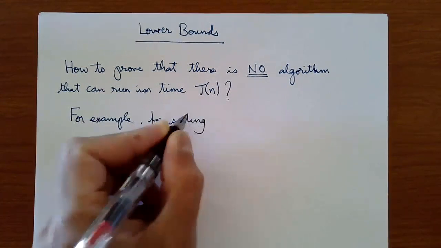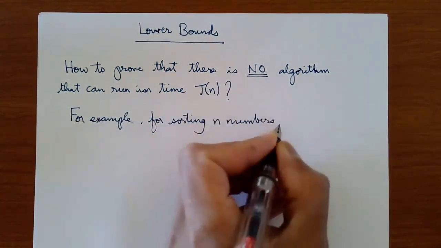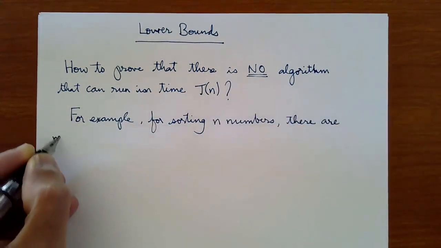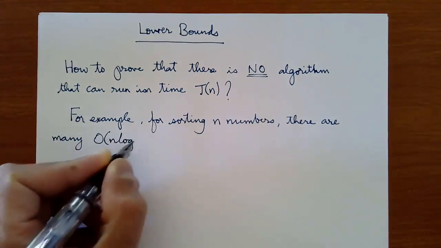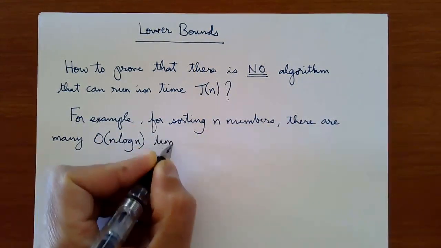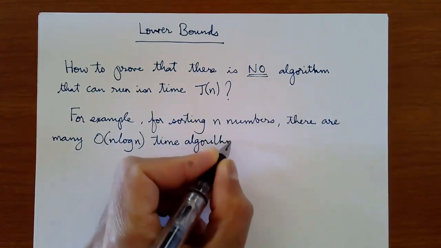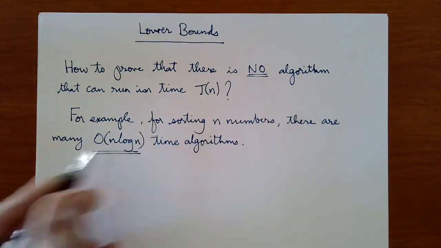for sorting n numbers, there are many O of n log n time algorithms. And you might ask, why n log n?